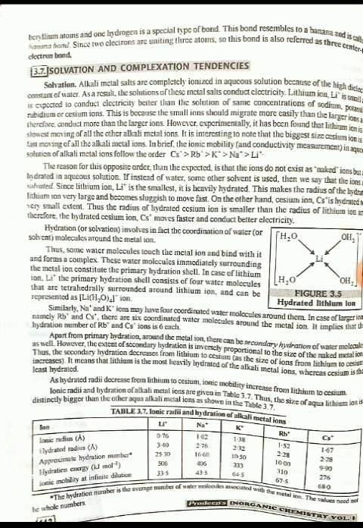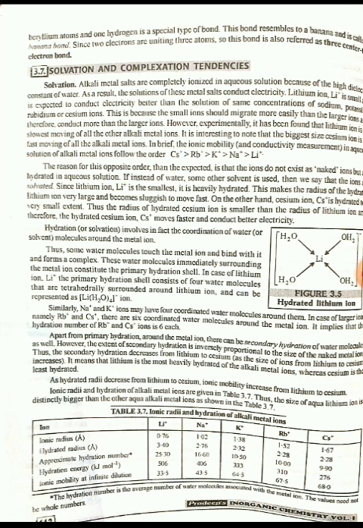The reason for the opposite order than expected is that the ions do not exist as naked ions but are hydrated in aqueous solution. If some other solvent is used instead of water, the ions are solvated. Since lithium ion Li+ is the smallest, it is heavily hydrated.